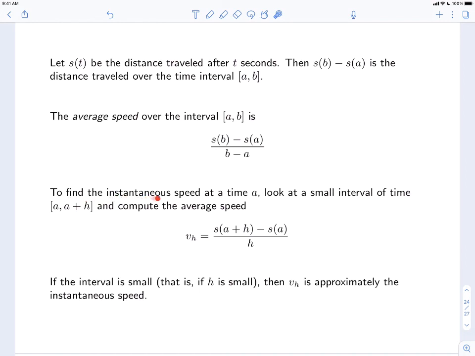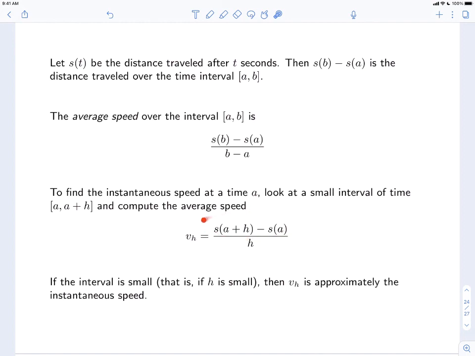To find the instantaneous speed at a time a, look at a very small interval of time near a. So let's say we start at a, and then we just increment a just a small amount, so a plus h, where h is thought of as a very small number. And now we compute the average speed. So the speed, which we're calling v sub h, is equal to s evaluated at a plus h minus s at a.